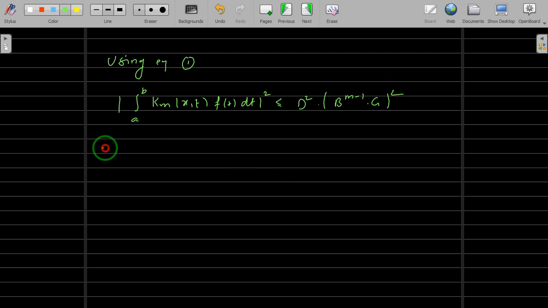And then this will imply, these quantities are positive, the integral a to b, k_m(x, t) f(t) dt is less than or equal to d b raised to m minus 1 c1.